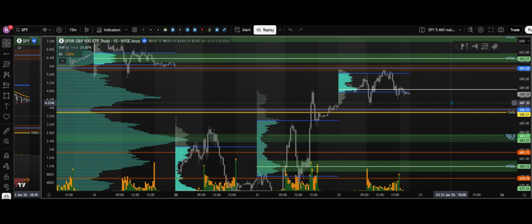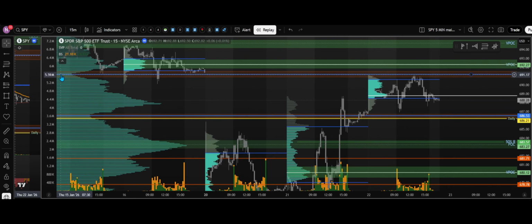But that's not the entire picture, right? We want to know what's the probability that price will actually stop and reverse here? Or what's the probability that price is going to actually break through this? And volume profile can quantify how strong the support is based on how strong the low volume node is, right?